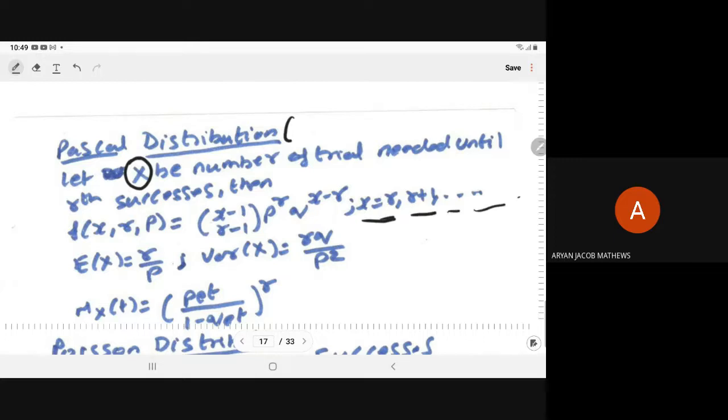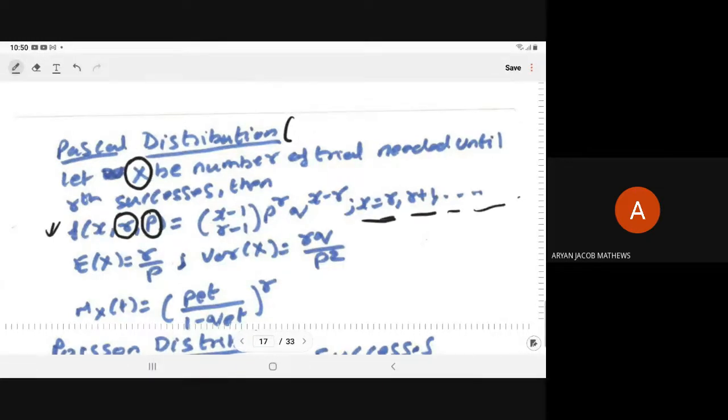The corresponding PMF is f of x with parameter r, the number of successes, and p, the probability of success in each trial. So f of x; r, p is equal to (x minus 1 choose r minus 1) p to the power r q to the power x minus r.